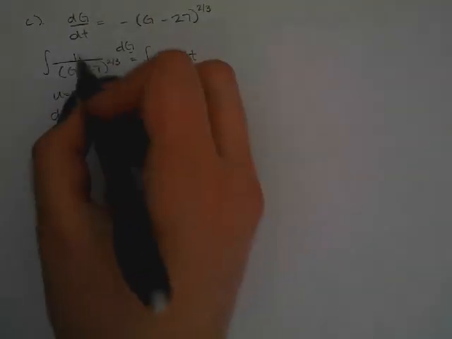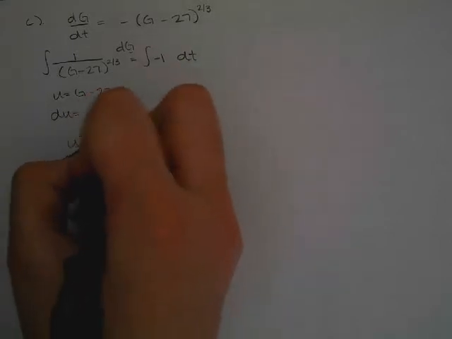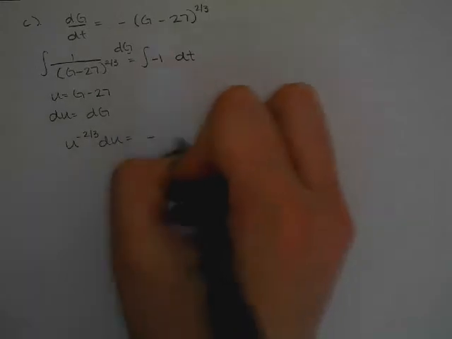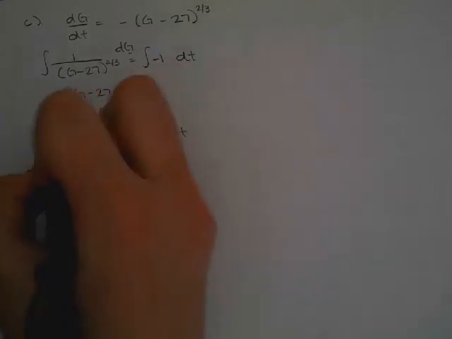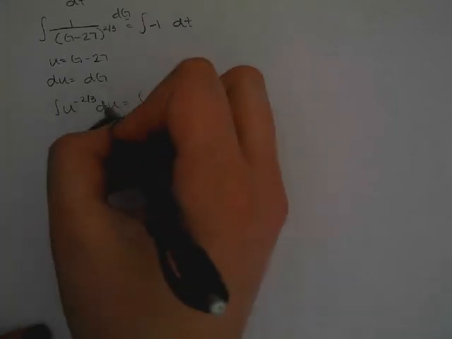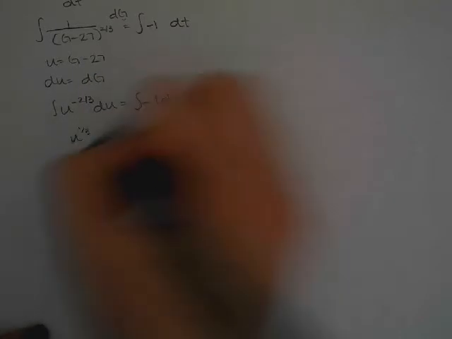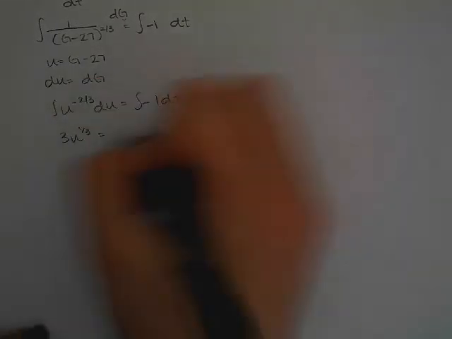So I have 1 over u to the 2/3, which is really u to the negative 2/3 du. And I'll integrate each side. So if I add 1 to the exponent, I get 1/3. And if I divide by 1/3, then that's kind of like multiplying by 3.